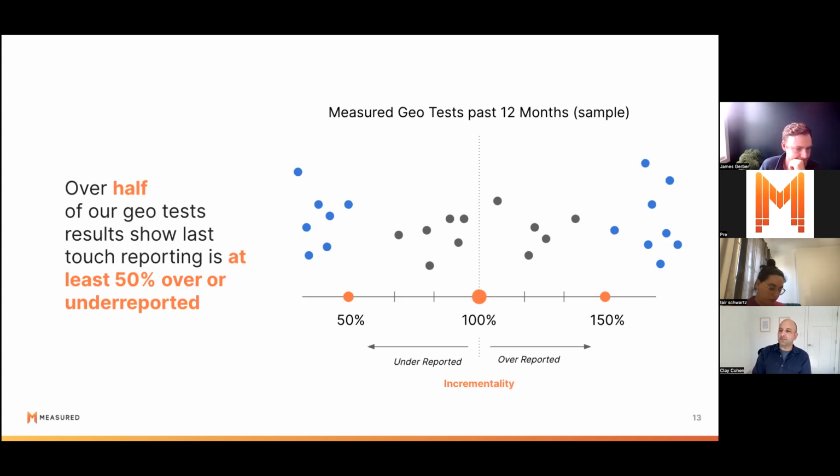Interestingly, over half of our geotest results show that last touch reporting is at least 50% over or 50% under reported. So essentially the spread of how different the results are from the true contribution of the media, at least half of them are 50% over or 50% under, and then a variety across the spectrum.